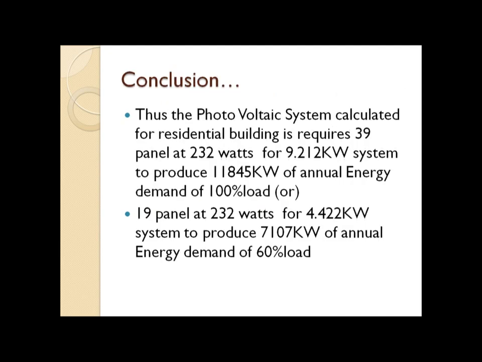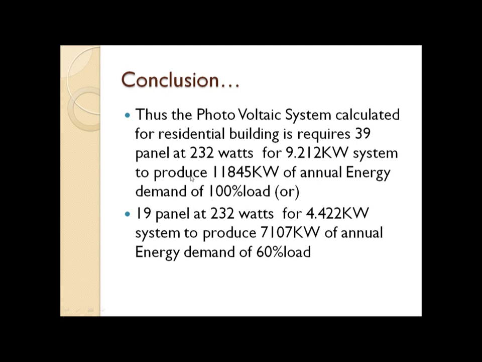Now the conclusion: the photovoltaic system calculated for a residential building requires 39 panels of 232 watts. That means each panel produces 232 watt output, for a 9.212 kilowatt system capacity, which is designed and connected to operate and produce the 11,845 kilowatt hour annual energy demand.